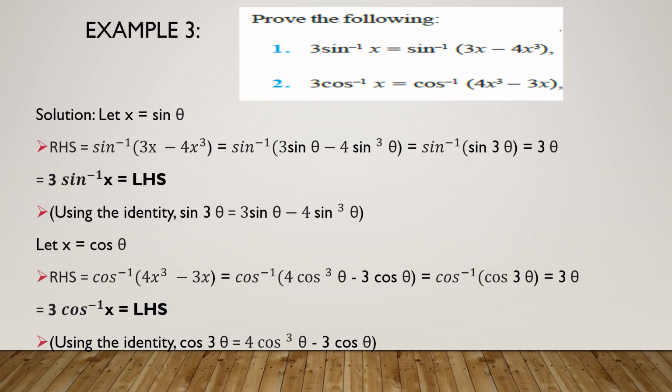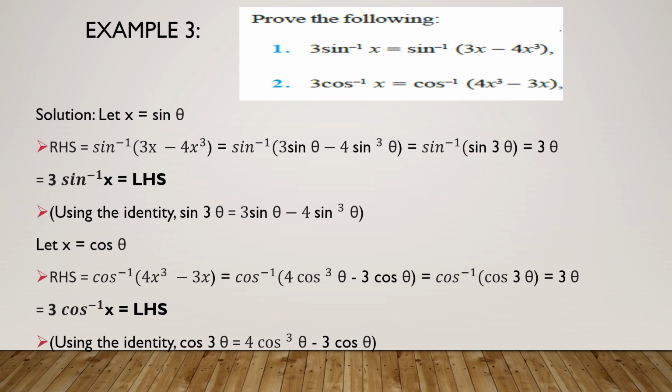You will understand why we are taking x is equal to sin theta. Our right hand side is sin inverse of 3x minus 4x cubed. So, with x as sin theta, it is sin inverse of 3 sin theta minus 4 sin cube theta. Now, remember the formula. The formula of sin 3 theta is 3 sin theta minus 4 sin cube theta. We are using this formula.